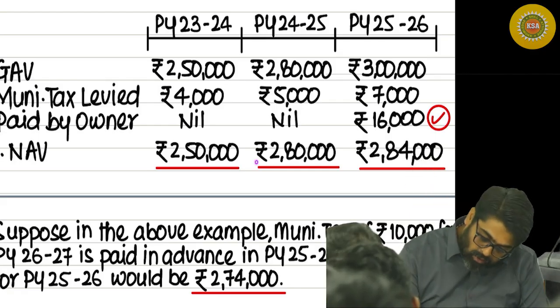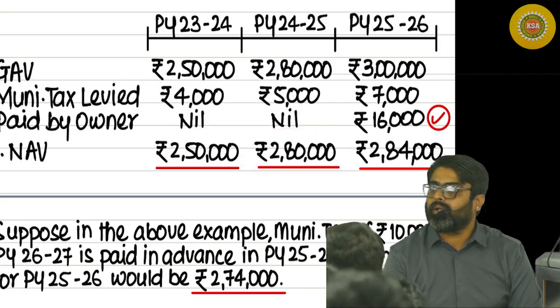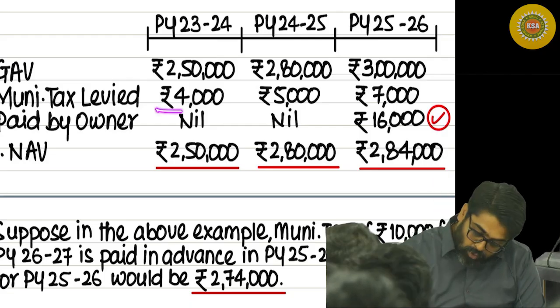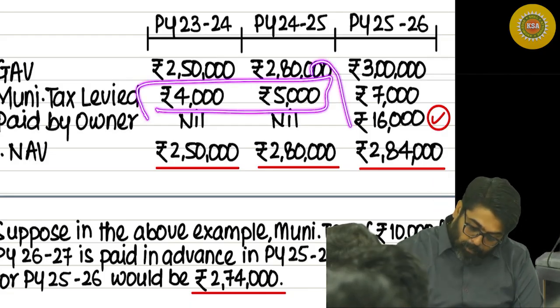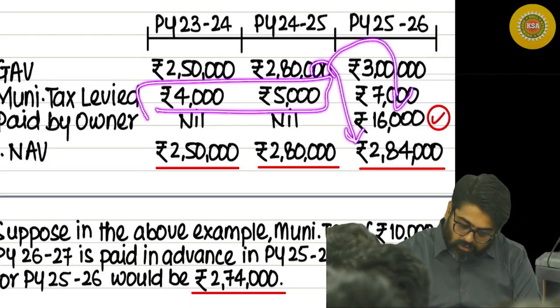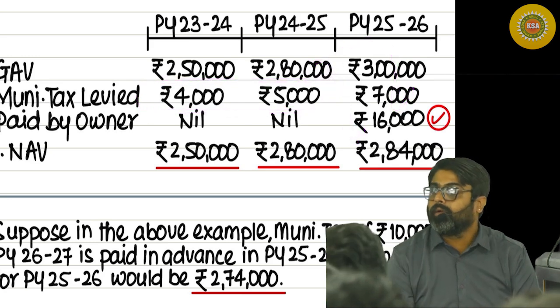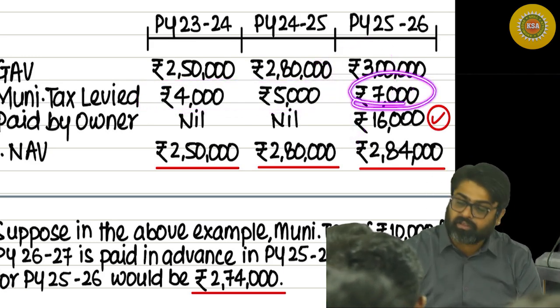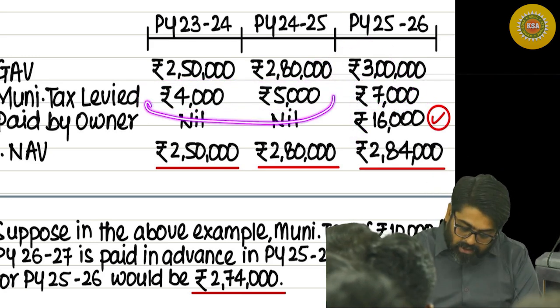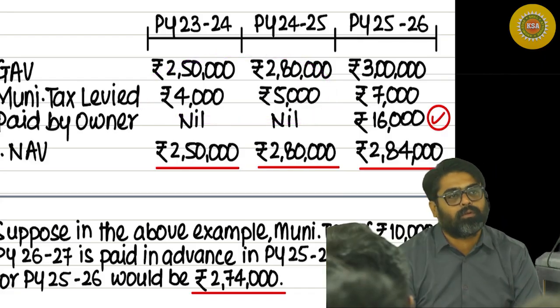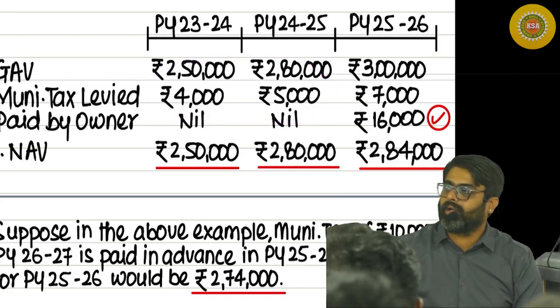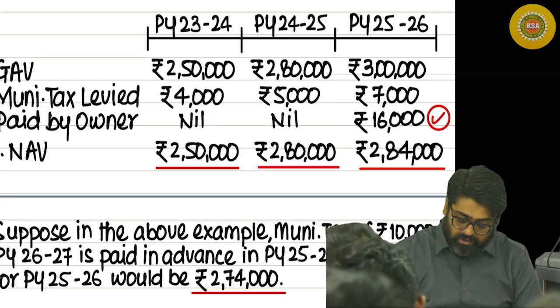So that year also your entire GAV got taxed. But now this 4,000 and 5,000 is paid in this year along with the 7,000 of this year. Getting my point? So how much is paid in this year? This year 7,000 is paid, and earlier years 9,000 is also paid. So this year the total deduction will be 16,000. Yes or no?